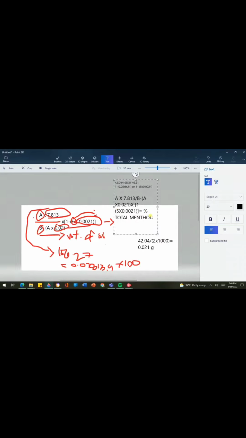The importance of the correction 1 minus 0.05 times 0.21 may be seen in the following example. A sample of peppermint oil found to contain 5% total esters calculated as methyl acetate and 50% total menthol as calculated from the formula. Percent of total menthol equals A times 7.813 over B minus A times 0.021.